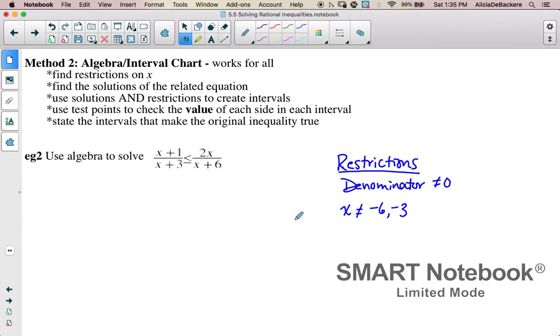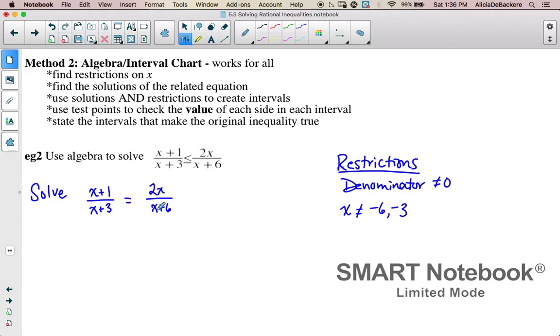All right, now that I have that, I'm going to work on my second step, finding the solutions of the related equation. So we're going to solve this, just ignoring the less than or equal to sign for now. I'm going to go back to the same strategies that I had in lesson 5.4.